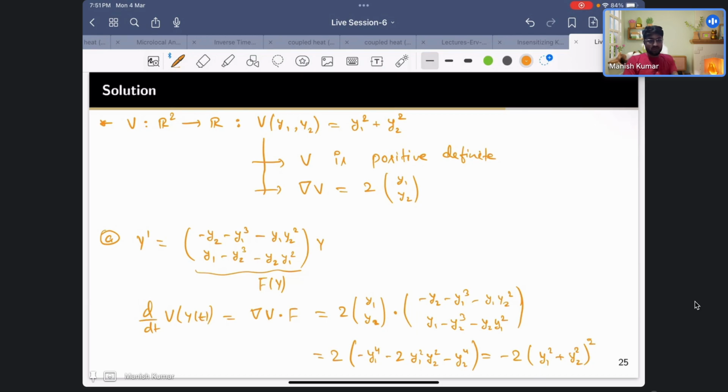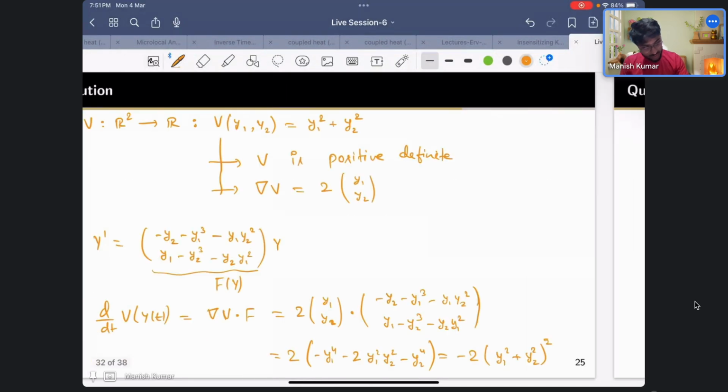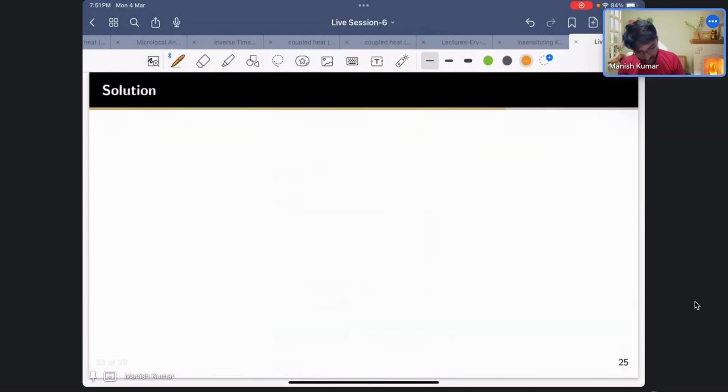This derivative is given by this expression. Now you can clearly see this expression is strictly less than 0 for (y1, y2) not equal to 0. So this d/dt of V(y(t)) is strictly less than 0, I'll just write it is negative definite.